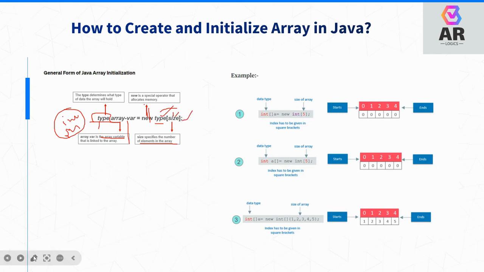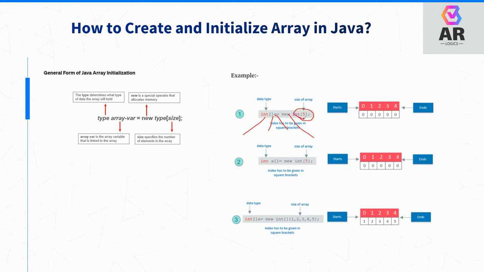First is the type, then the variable, then the new operator, then the size. See here: integer, bracket, then the variable, new operator, and the size we are going to declare.